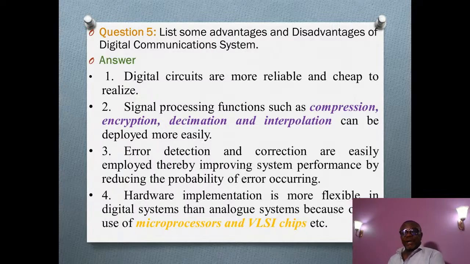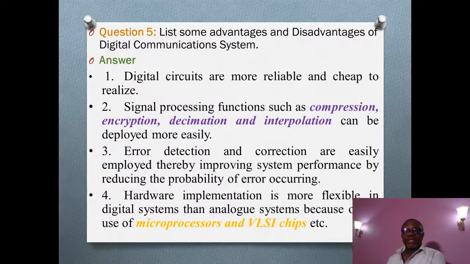Third, error detection and correction are easily employed, thereby improving system performance by reducing the probability of error occurring. Fourth, hardware implementation is more flexible in digital systems than analog systems because of the use of microprocessors and VLSI chips, that is, very large scale integrated chips.